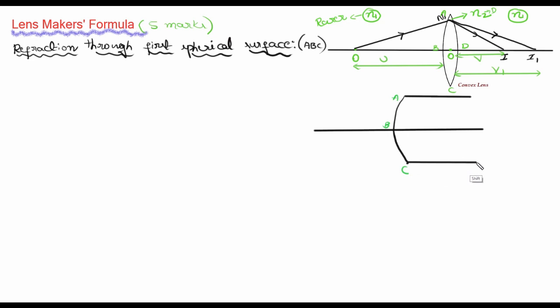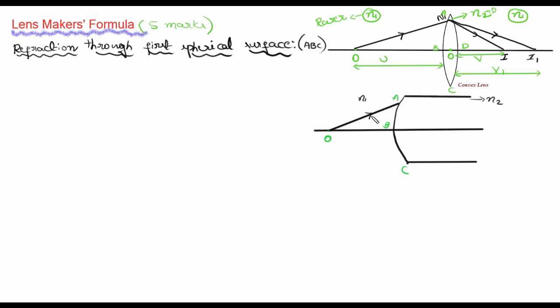So this is our first spherical surface of refractive index N2. Here the refractive index is N1. As I said earlier, I am going to place one object O here, and this object O will emit a ray of light which is incident on the spherical surface. So this is O.